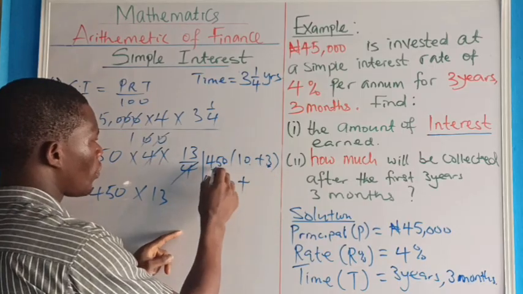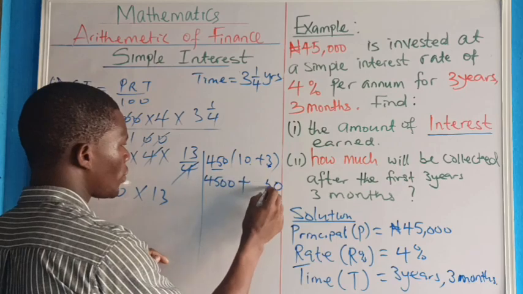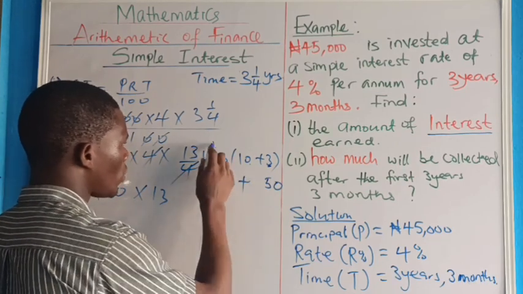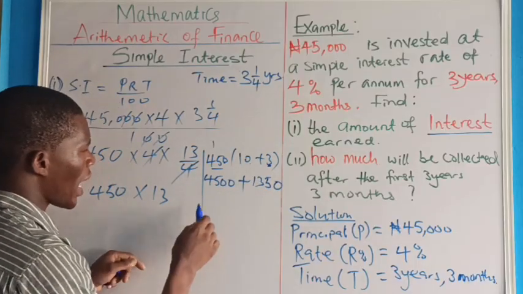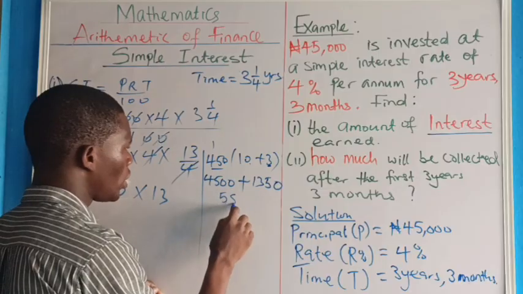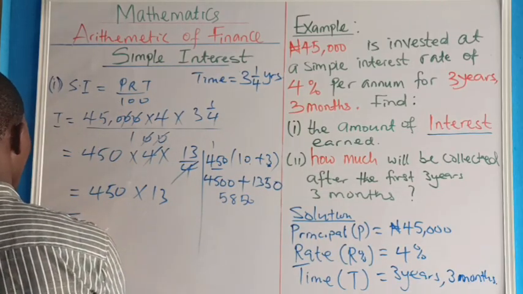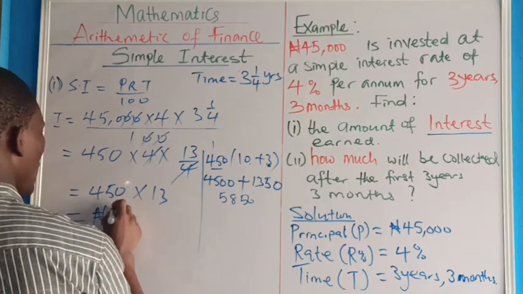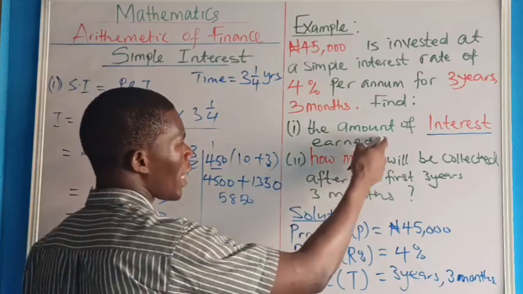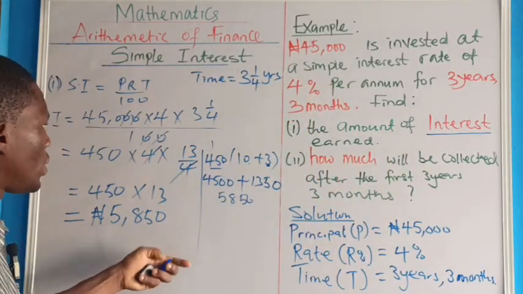Now multiplying 450 by 3: 3 times 0 is 0, 3 times 5 is 15, I have 1 left, then 3 times 4 is 12 plus 1, that is 13, giving 1,350. Adding 4,500 to 1,350, that will be 5,850 naira. So the amount of interest that will be generated on this principal is 5,850 naira.